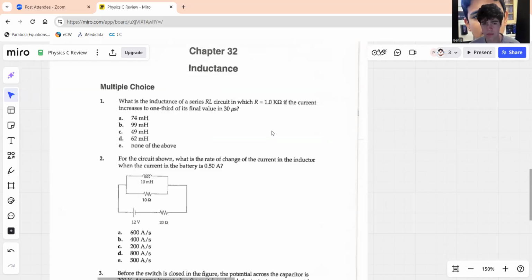So what's the inductance when the current increases to 1/3 its final value in 30 seconds?